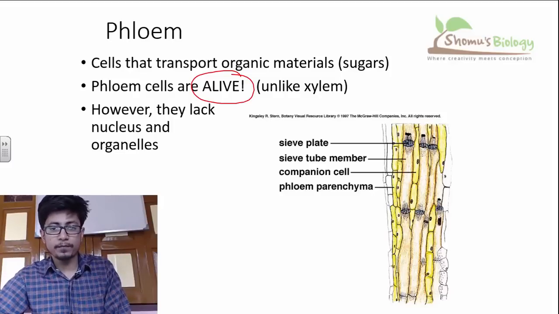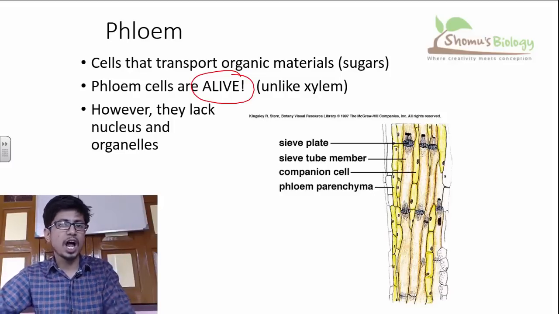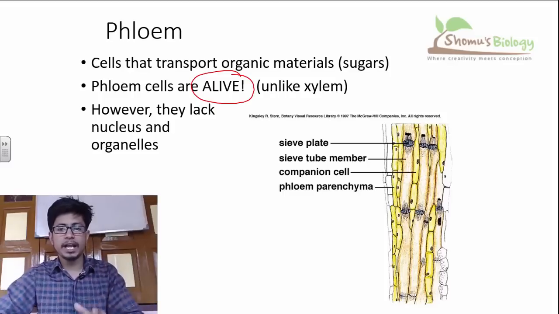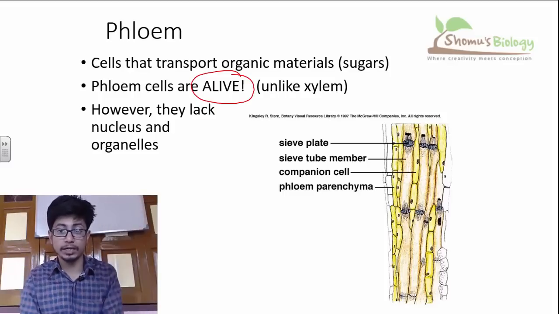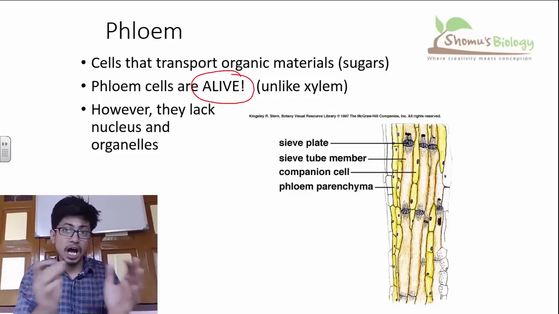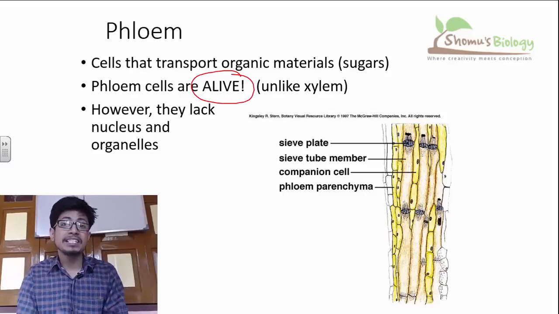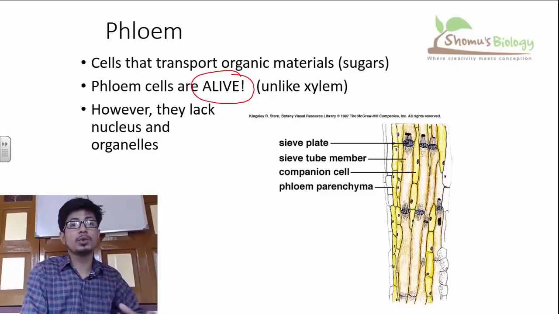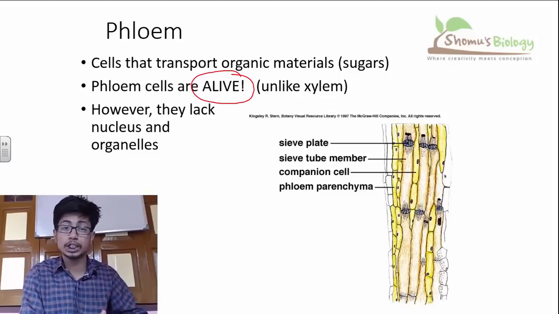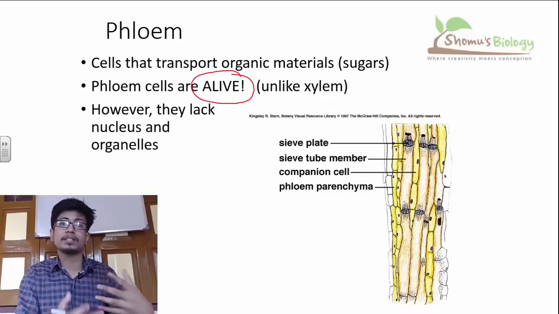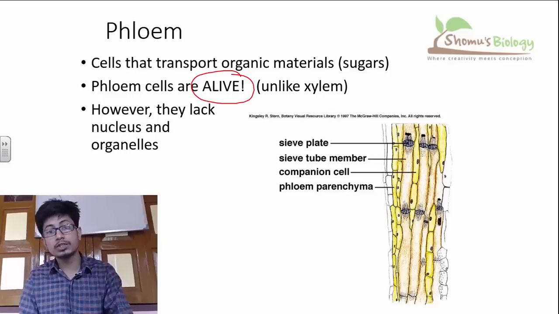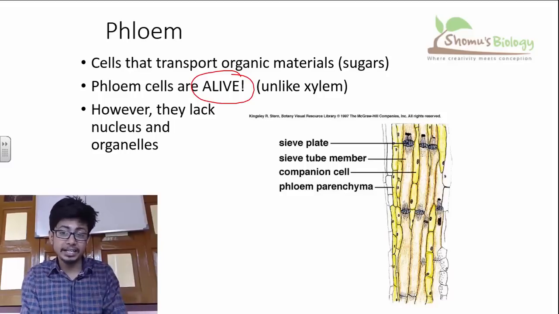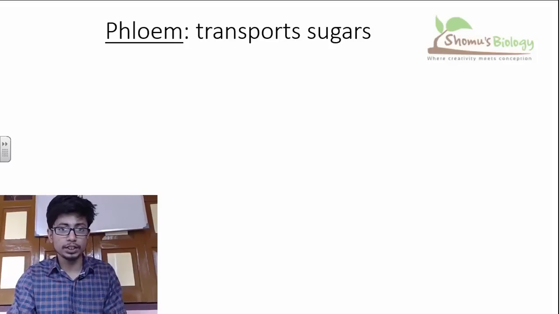Here these are the phloem parenchymal cells, large cells, and they also have companion cells surrounding them, and those companion cells are alive, they contain a nucleus. That's why phloem cells require companion cells, because phloem cells don't have a nucleus or other organelles. For any other requirements they need to rely upon other cells, and that is the function of these companion cells.